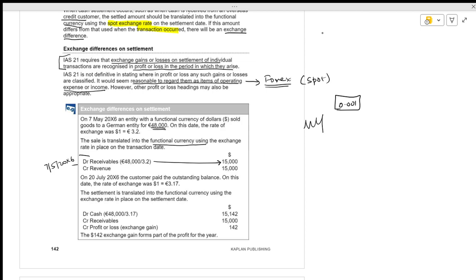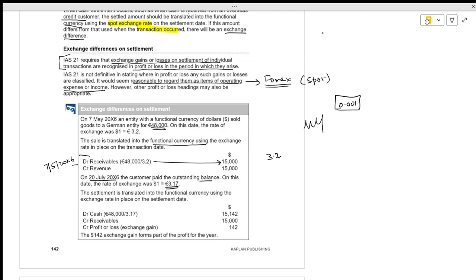Now on 20th July, after almost 2.5 months, the customer pays the balance. What is the exchange rate now?